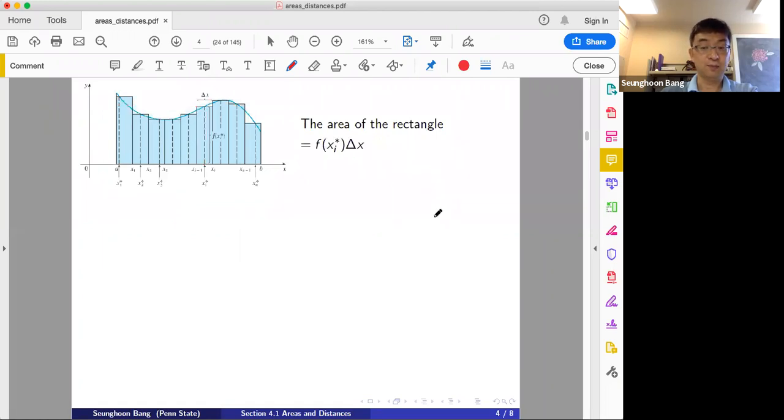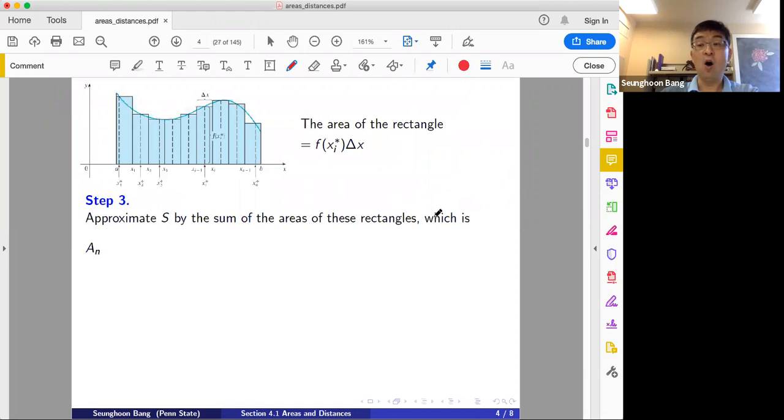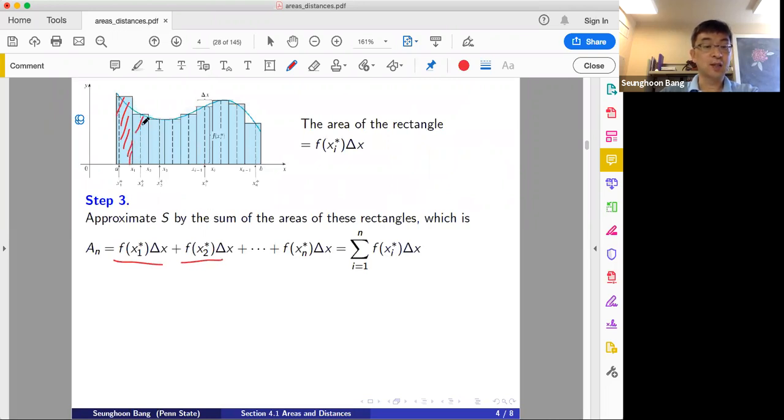The next step, you approximate S by the sum of the areas of these rectangles. Only add all the areas of the rectangles. f of x1 star times delta x is the first rectangle. f of x2 star times delta x is the second rectangle, and keep going. This one is the last rectangle.